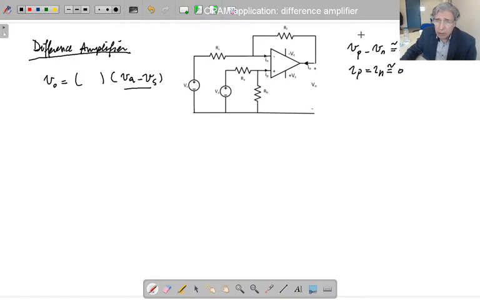What does this mean? These two are node voltages. That is the N terminal, the negative terminal of the operational amplifier, the voltage between this and ground. So that is ground.